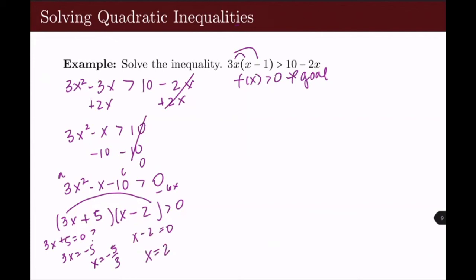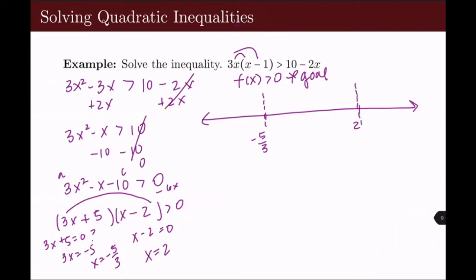Now I have this number line here, and I'll have negative 5/3 and 2. All right. And what I basically want to do is figure out where my function is bigger than 0.